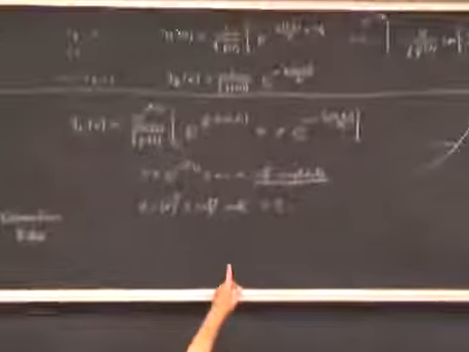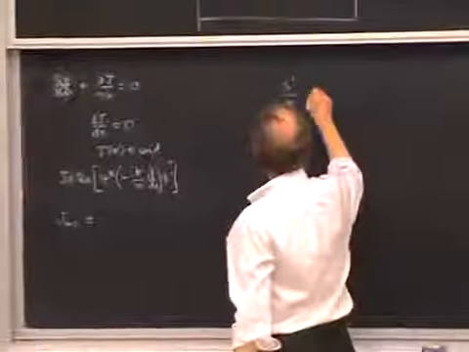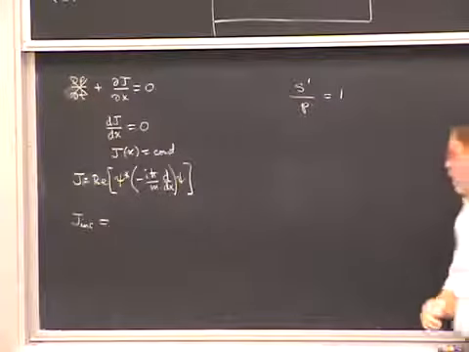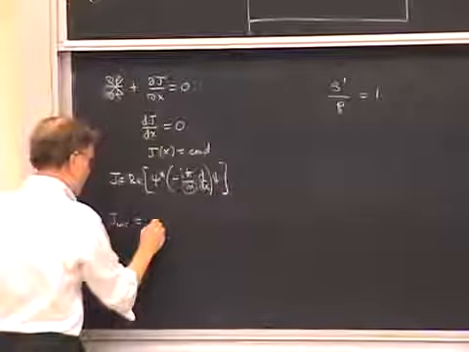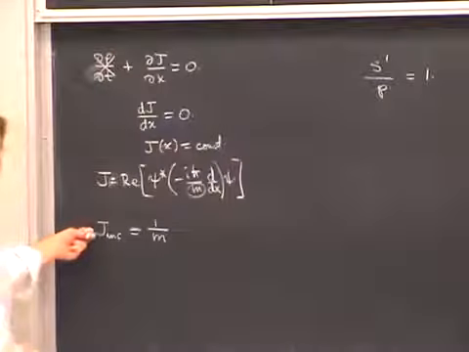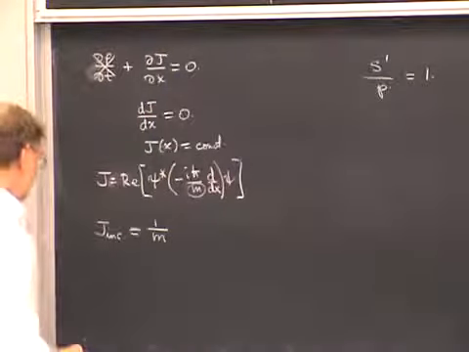But the psi star psi is going to involve the square of the amplitude, which is 1 over the square root of p of x, and so that turns into a 1 over p. And the combination of those is equal to 1 because p is equal to s prime. And in fact, what you find is that only the mass term survives. You find the incident flux of 1 over m, and sure enough, it's independent of x, as it has to be. Anyway, this is what it is.